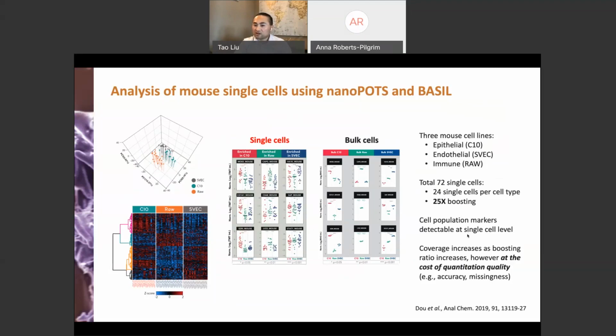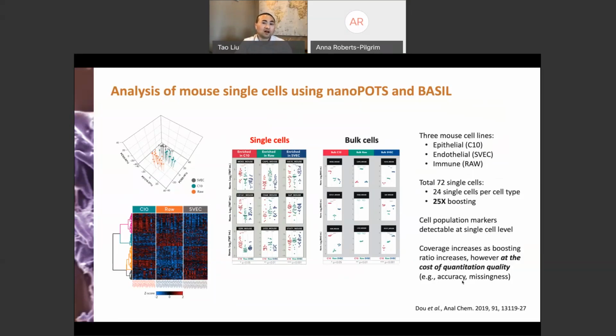We also started to test, as you can imagine, the higher amount of boosting you put in there, in principle, you should have higher coverage or a higher increase in detection sensitivity as well. But we also started to see, at least initially, the quantitation quality start to deteriorate.